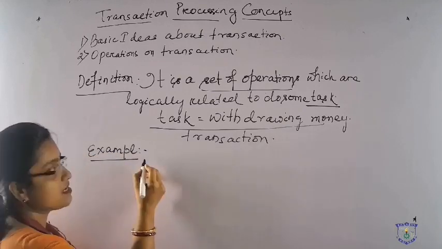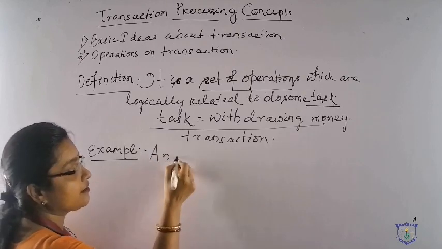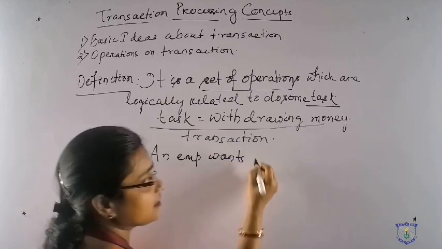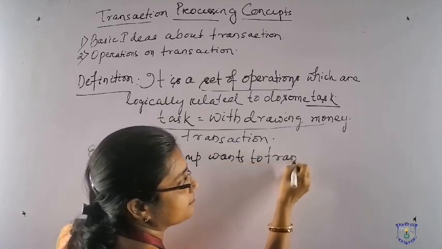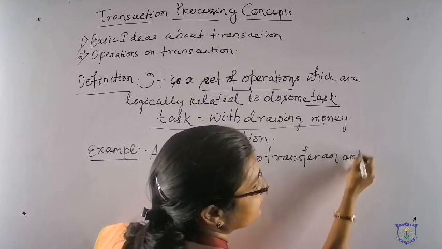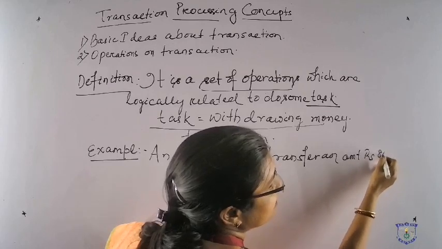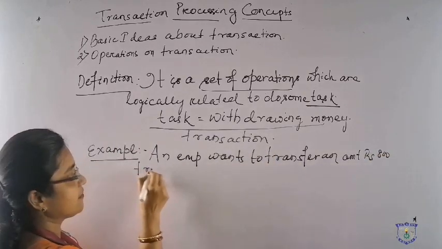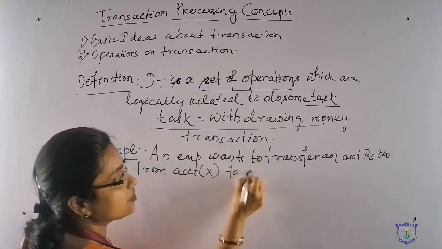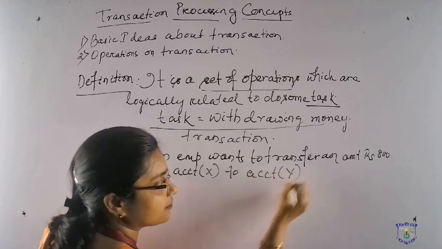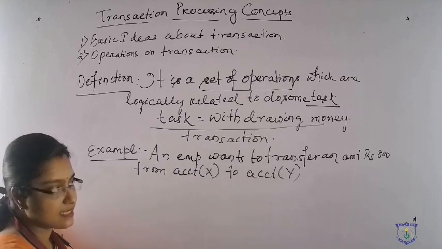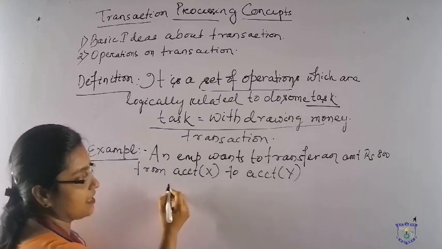Suppose an employee wants to transfer an amount of rupees 800 from account X to account Y. In this case, I am going to write the operations involved in this transaction.